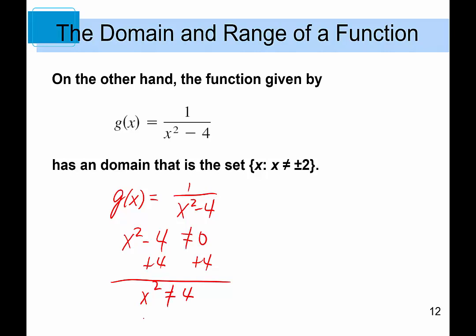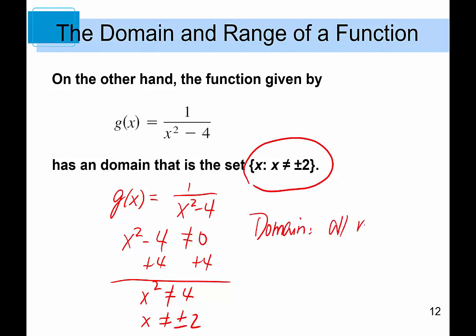In that case, x cannot be equal to plus or minus 2. So the domain will be all real numbers except x equals plus or minus 2.